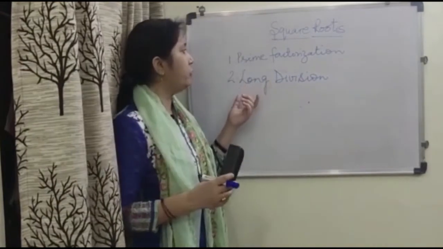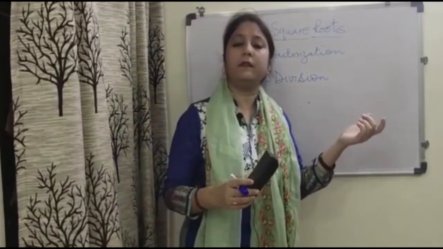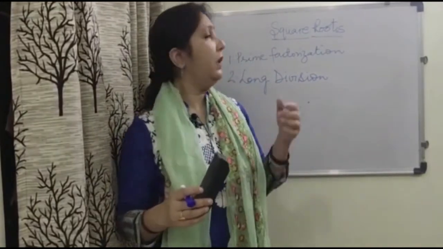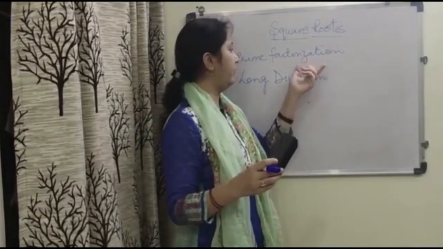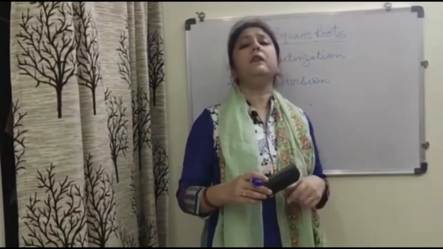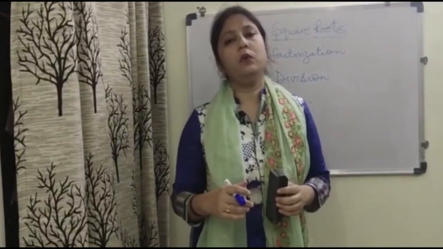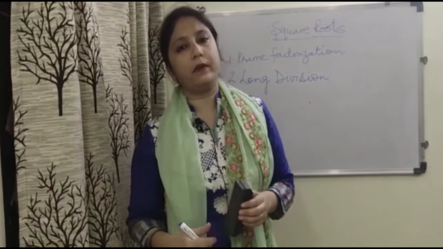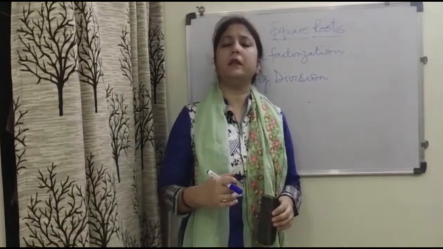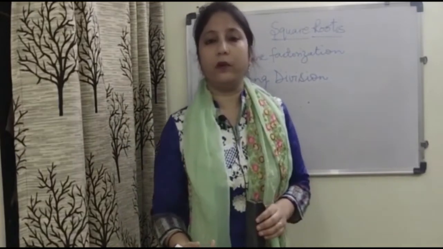There are two methods to calculate the square root of a given number. The first one is prime factorization and the second one is long division. In this video, we are going to learn the prime factorization method, and the long division method we will do in the next video.